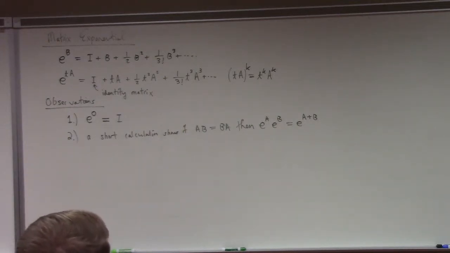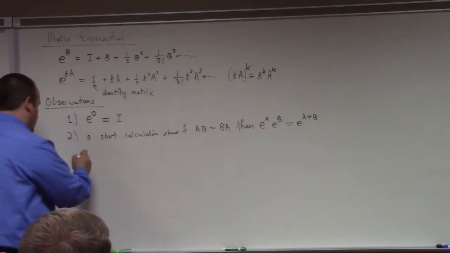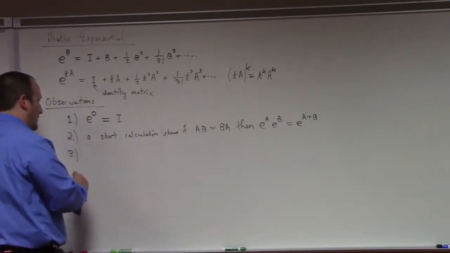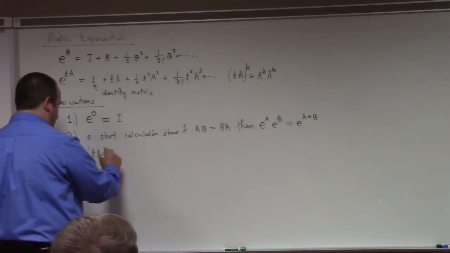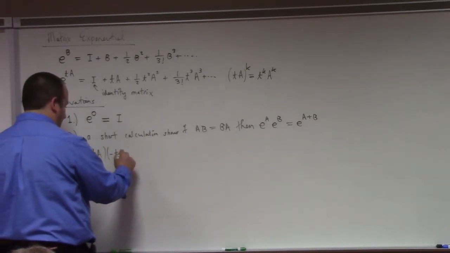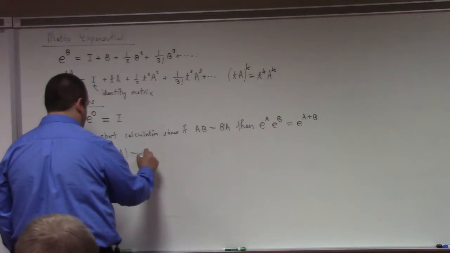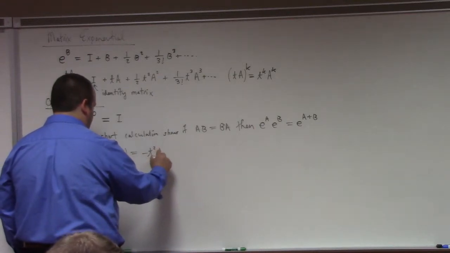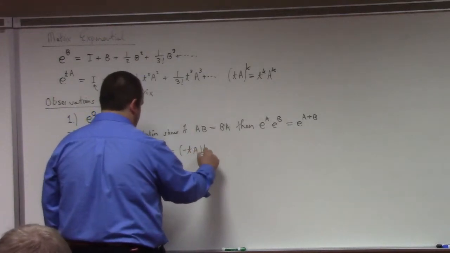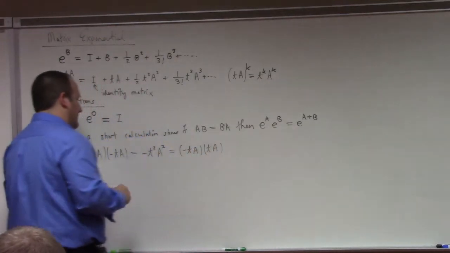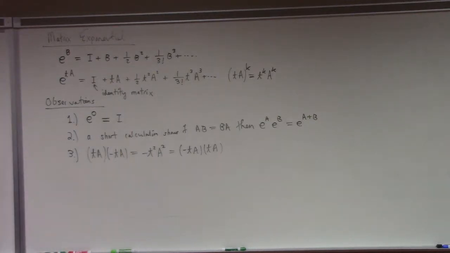Point number three: if we have tA and minus tA, these are matrices which commute. A matrix commutes with a scalar multiple of itself.